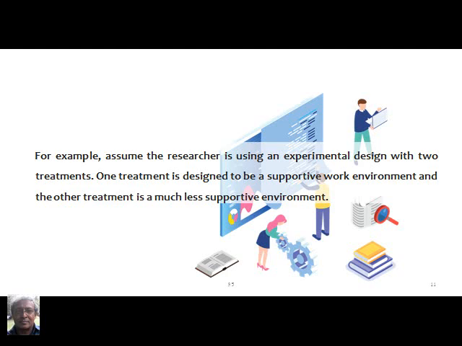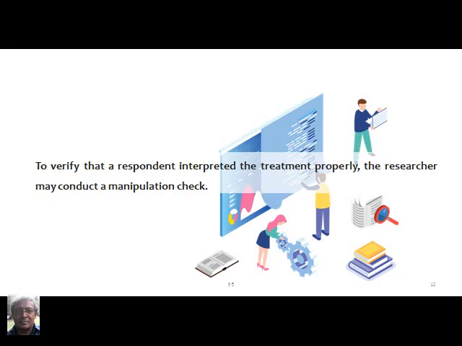For example, assume the researcher is using an experimental design with two treatments. One treatment is designed to be a supportive work environment and the other treatment is a much less supportive environment. To verify that a respondent interpreted the treatment properly, the researcher may conduct a manipulation check.